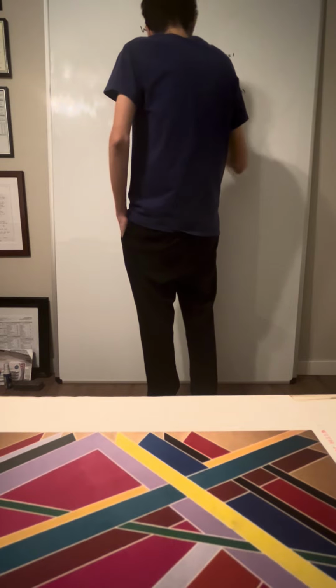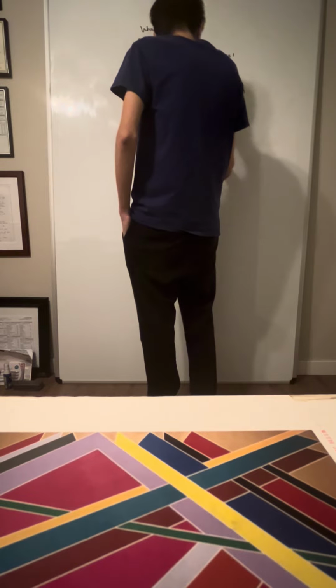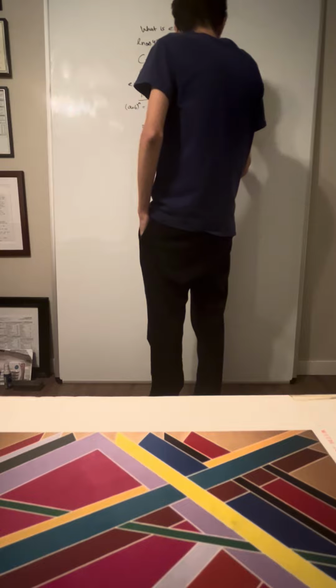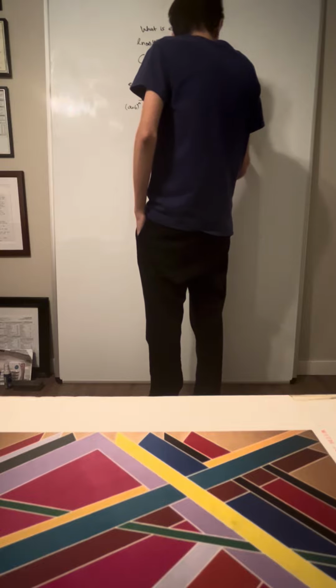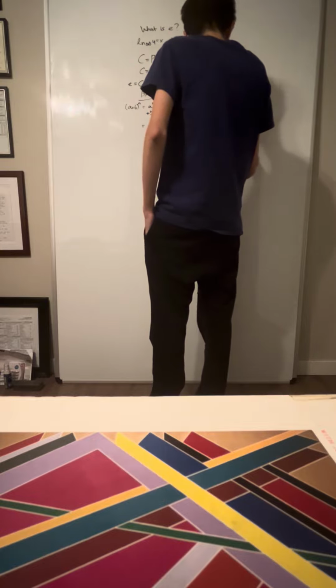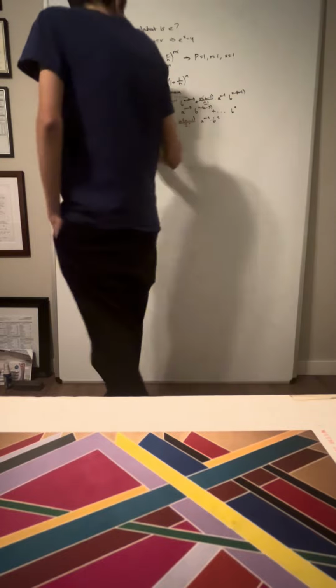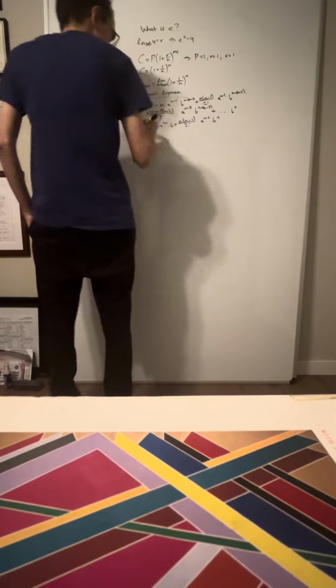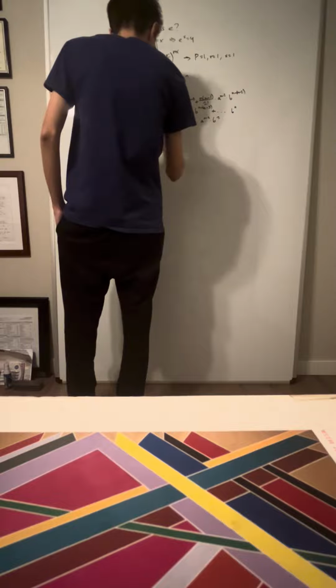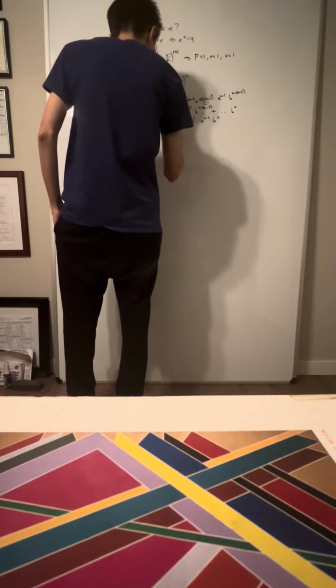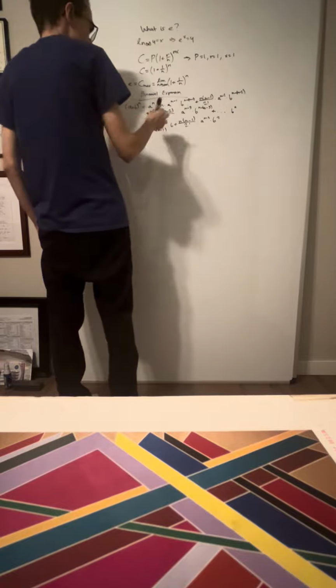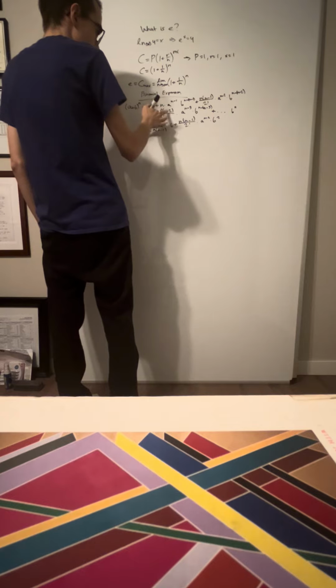So n times n minus 1 over 2 factorial times a to the n minus 2, and that's just going to be a b squared piece, plus, now we're going to do this part, n times n minus 1. Now normally in factorial form we don't actually multiply this out yet.